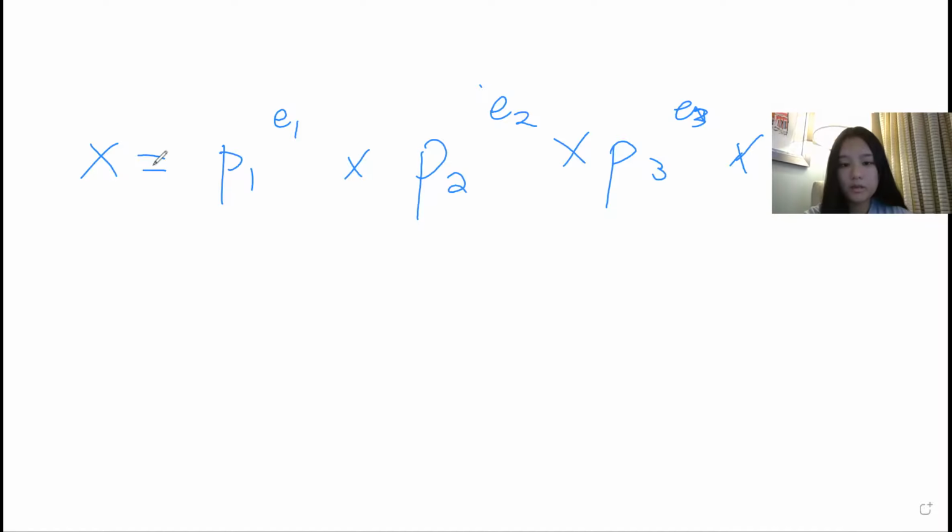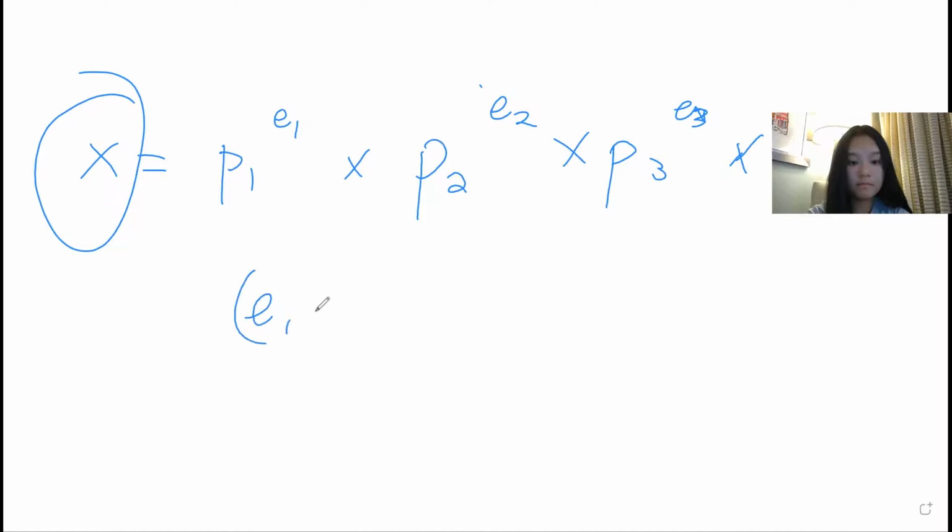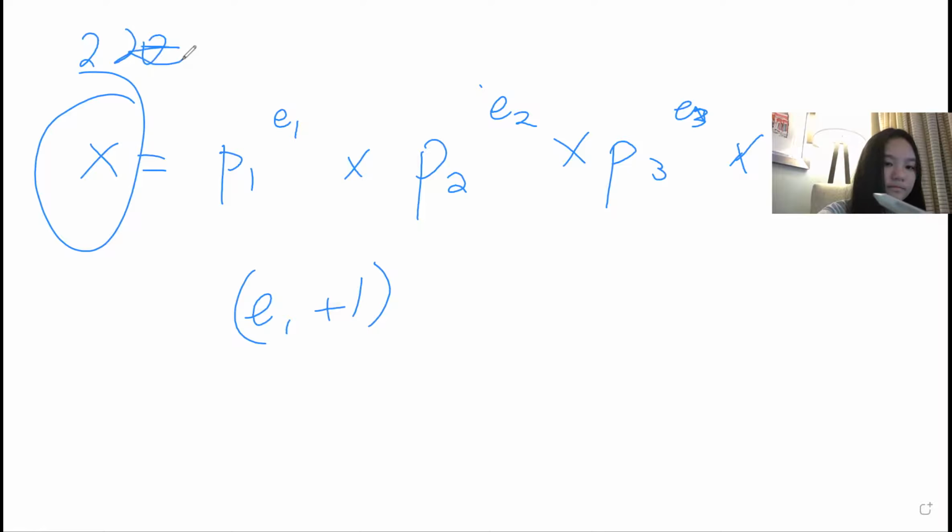And then the magic about this is that you could find so many different properties of the number x through this prime factorization. For example, you could find the number of divisors it has. And how you do that is through e1 plus 1, the exponent of prime number 1. So let's say the number is, I'm going to pick an easy number for myself, 440.